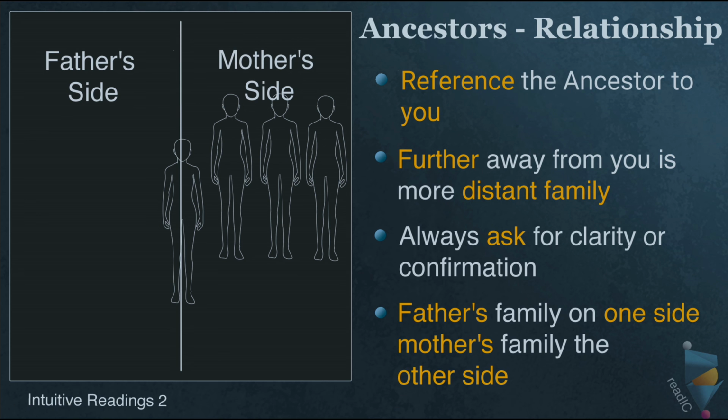So you ask them to position themselves, you have your system, they position themselves, you ask the question, you check, and they then confirm. So this is really a nice way to look at ancestors and then identify them as well.